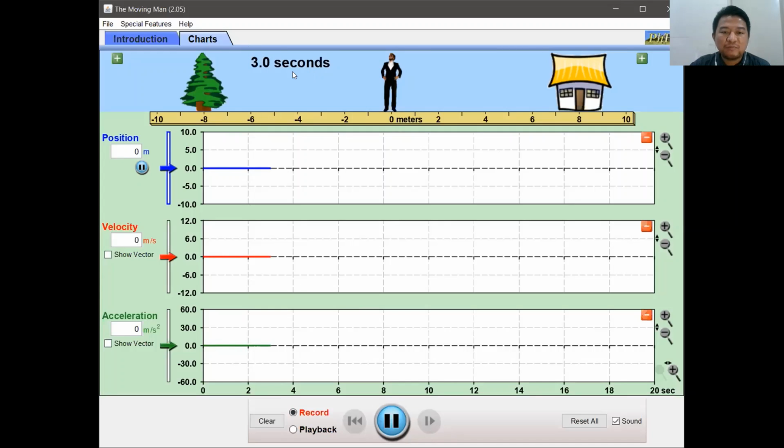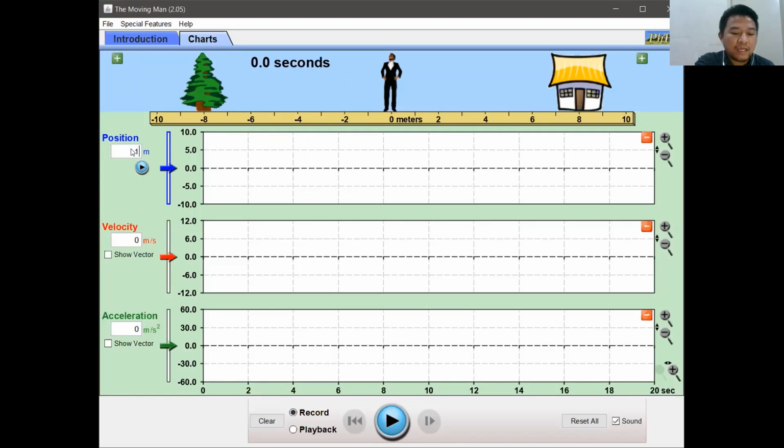As time goes by, nothing happens with the person, but you can see that there is a horizontal line graph for position versus time, velocity versus time, and acceleration versus time. Now take note as well that the x-axis represents the time in seconds. Now you can clear your data here and set certain values.